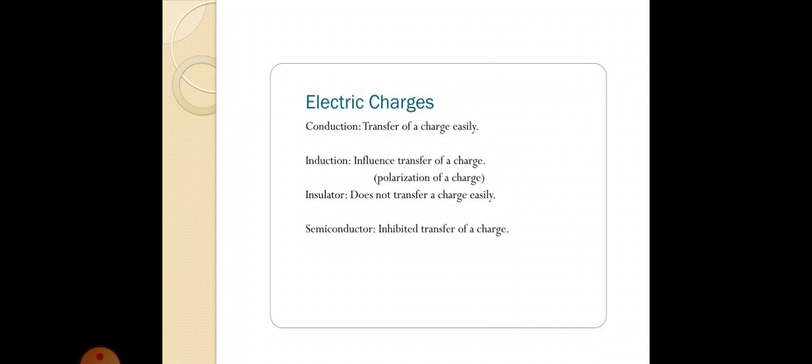Induction charges influence the transfer of charges, or polarization of charges. An insulator does not transfer charge easily. A semiconductor inhibits charge transfer.